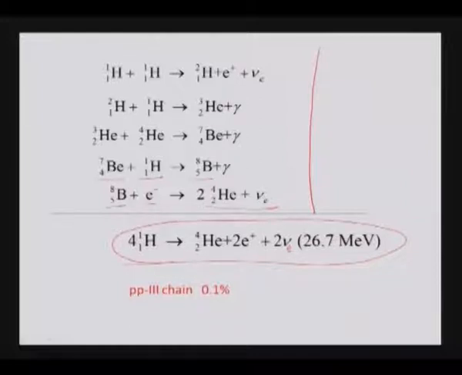There is one more process by which energy is liberated, fusion takes place, 4 protons combined to helium, and that is known as carbon nitrogen oxygen cycle, CNO cycle.